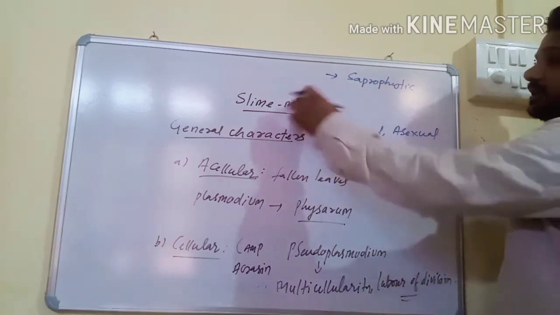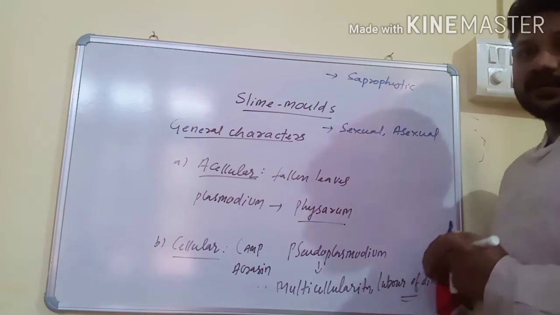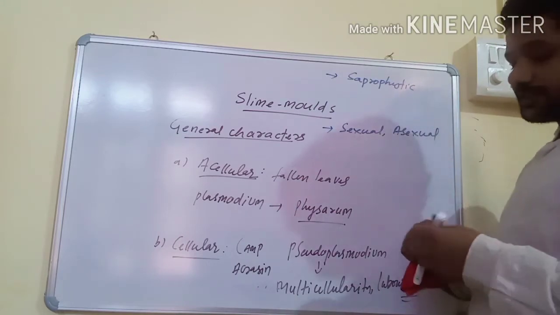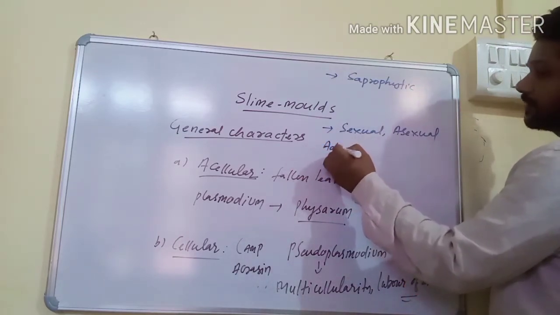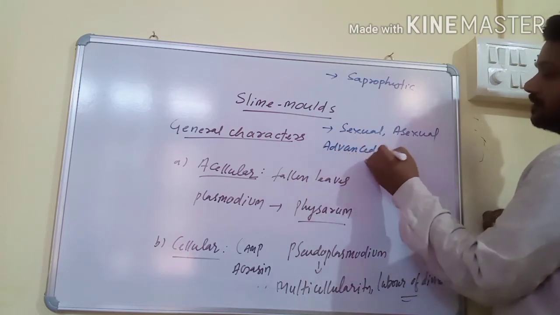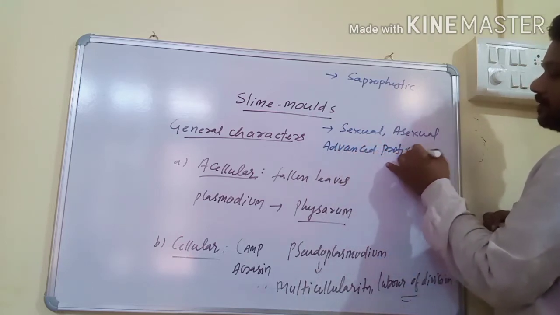That's why slime molds are regarded as advanced protistans, but primitive fungi.